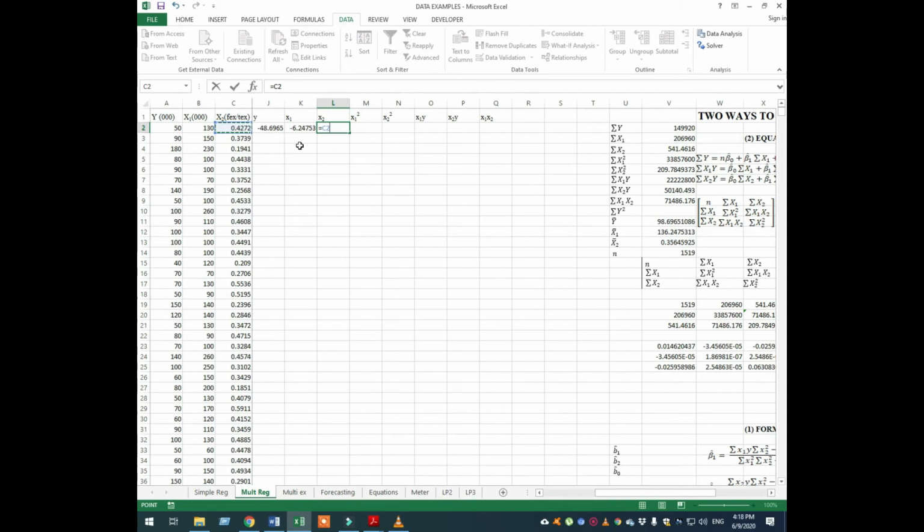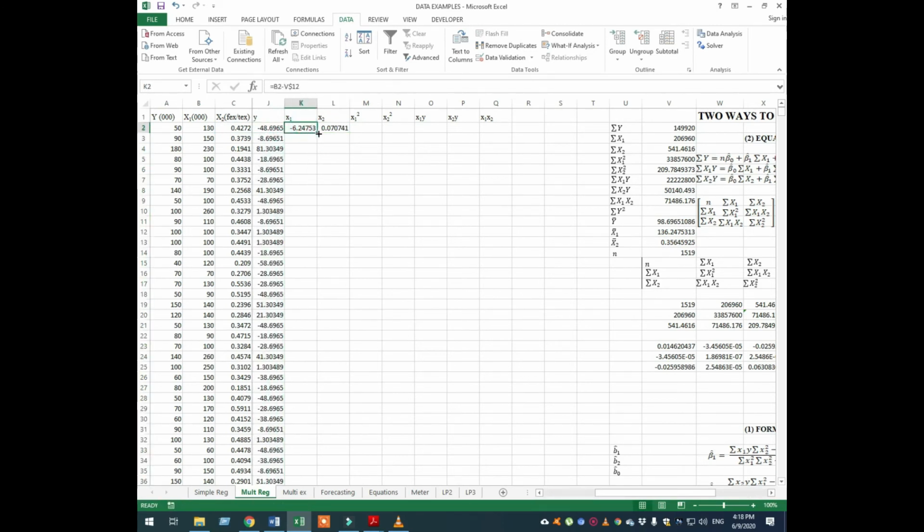So that is the X2 value minus the mean of X2. Here is the mean of X2, and again I'm locking it for the whole series. So there we get the small alphabet, or deviated values, calculation.